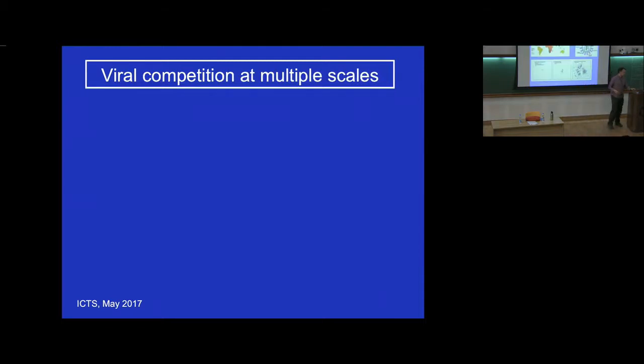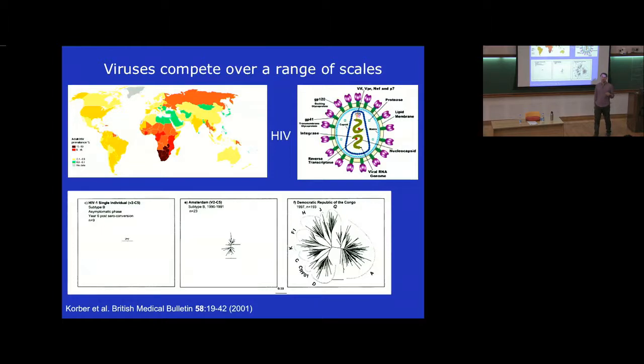So viruses, biology is very multi-scale, right? If you think about it, there's competition among different strains of the same virus, and that competition occurs at many different scales. We just remind you that HIV, for example, is a global disease.